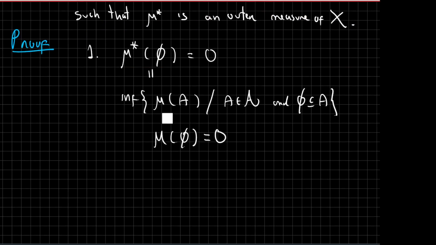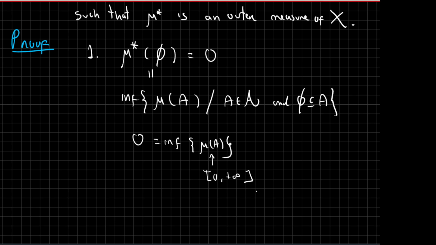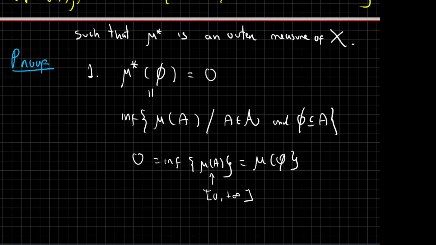So since 0 is the infimum of any value which these functions may take, because the functions take values on this extended interval, the 0 is the infimum. Well, we can write it like this. So this holds here.